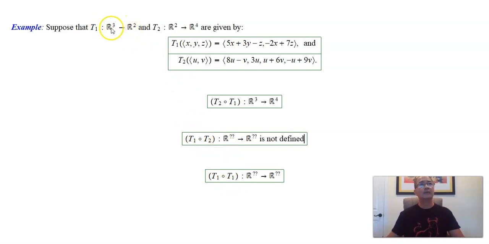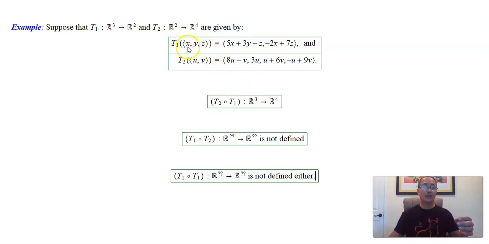Oh, but wait a minute. The input for the outer function, which is also T1, has to be from R3, not R2. So, nope, this composition is not defined either. And of course, T2 compose T2 is not defined either. R2 to R4, you gotta start at R2, so no.